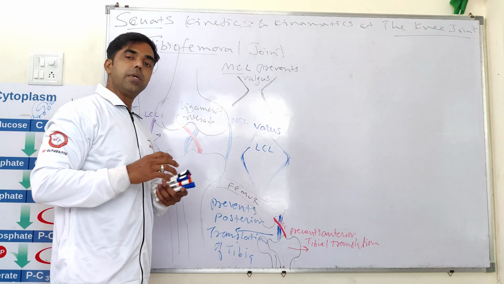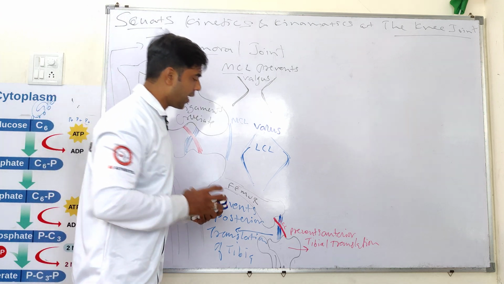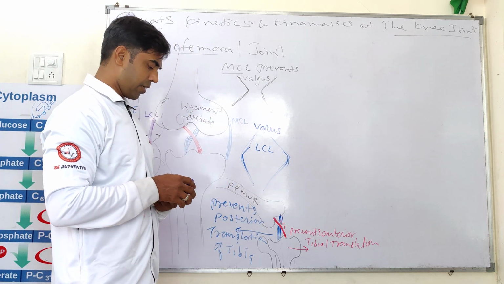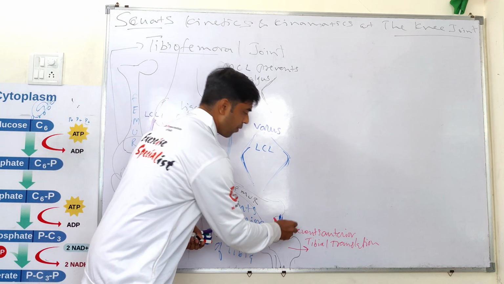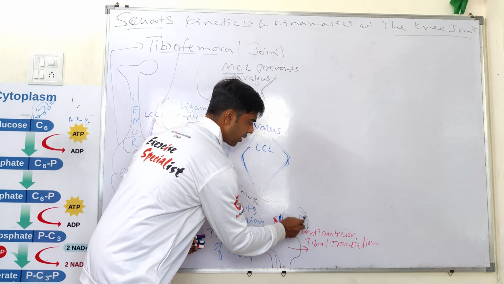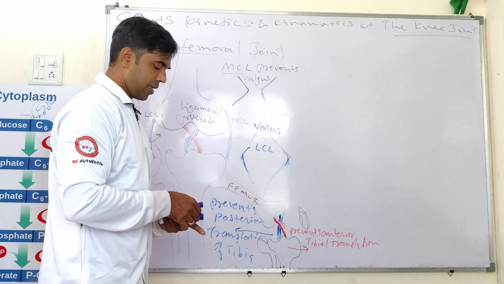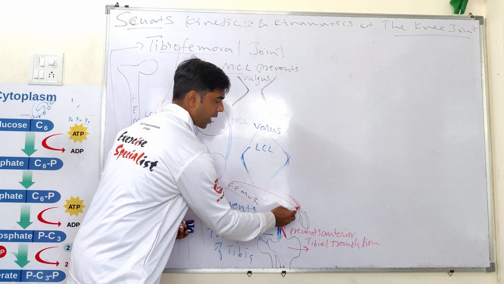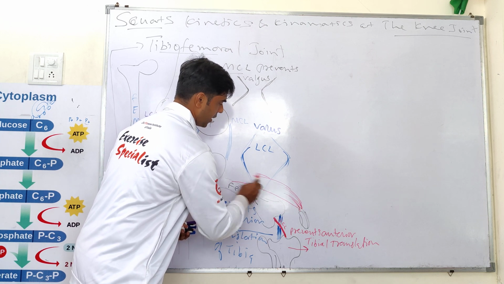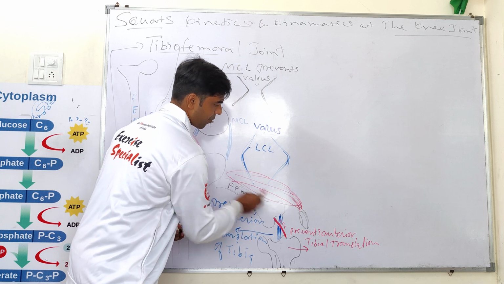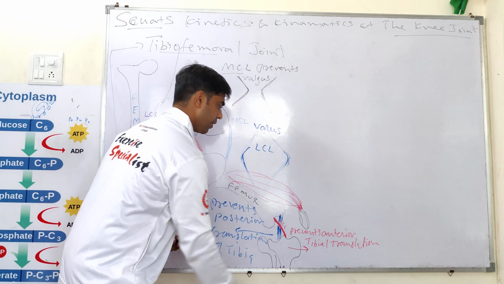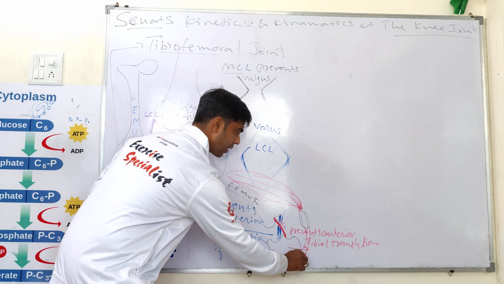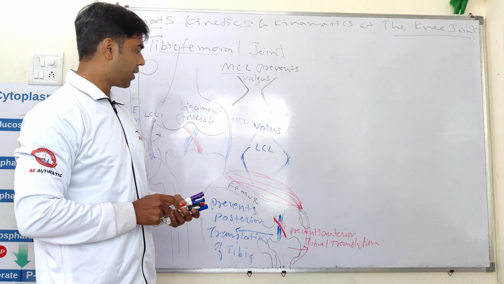Now the musculature supporting here, we know that we have the patella here, right? And this quadricep tendon is attached here, and this is the quadricep muscle. This is the quadricep tendon, and then we have the patellar tendon here, right?